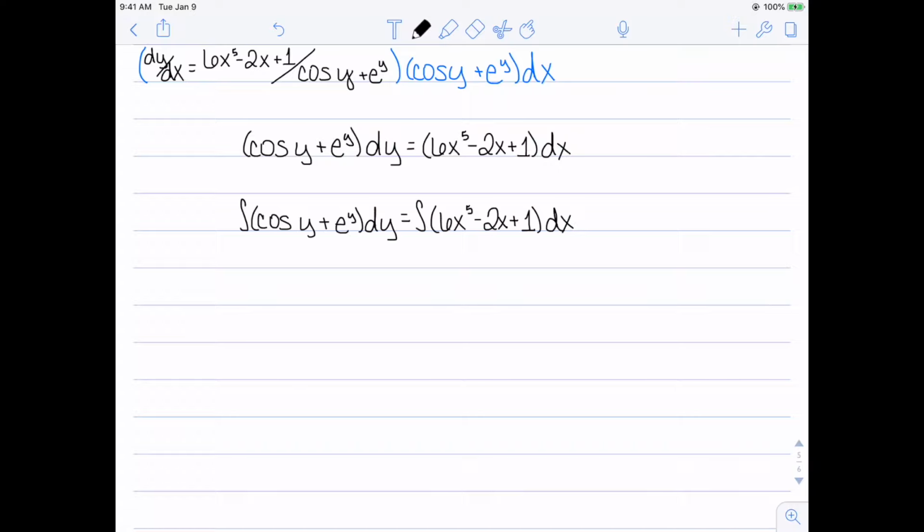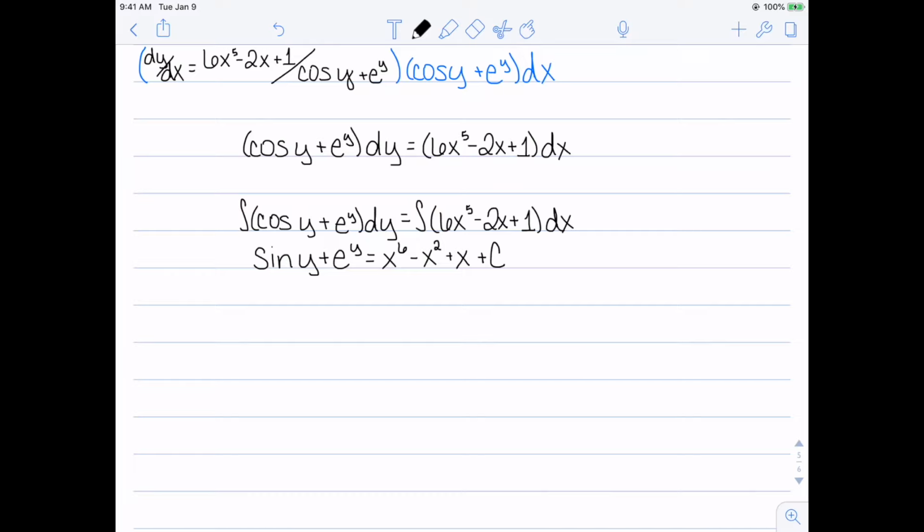The integral of cosine is sine. The integral of e^y is e^y. The integral of 6x^5 is x^6. The integral of negative 2x is negative x^2. The integral of 1 is x. And then we need to add our constant of integration. So I now have an implicit solution of sin y + e^y = x^6 - x^2 + x + c.